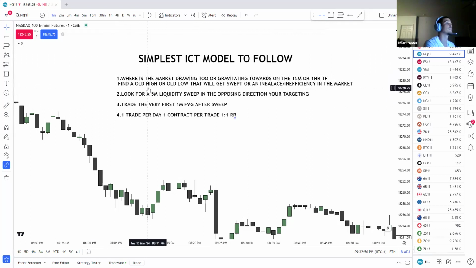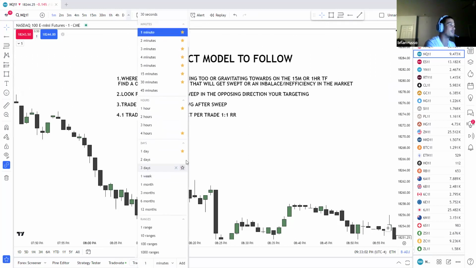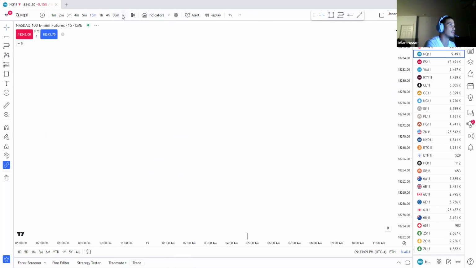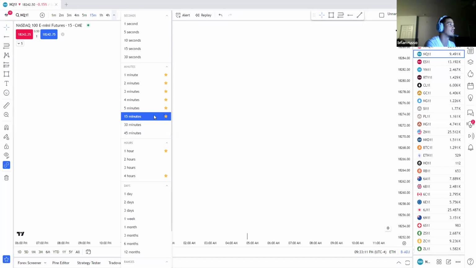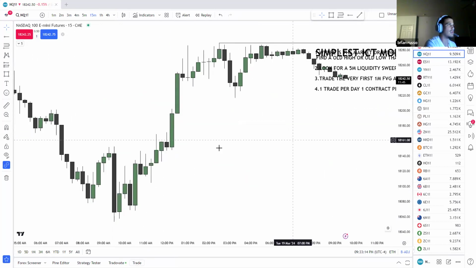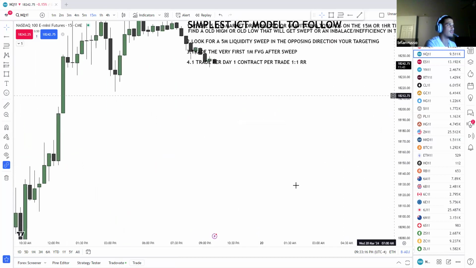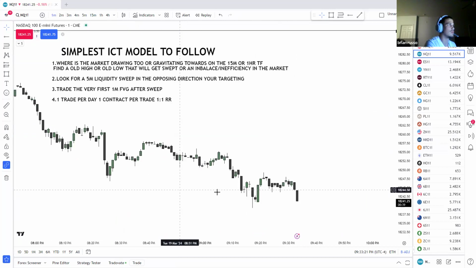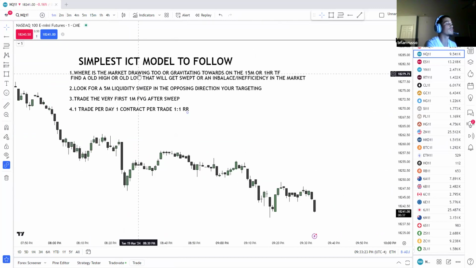So first off, we need to go to the higher time frame. I can remove the weekly, the daily, and the 30-minute. The only higher time frames we really need here are the 15-minute and the 1 hour. We don't even need the 4 hour. The first step goes for any strategy.